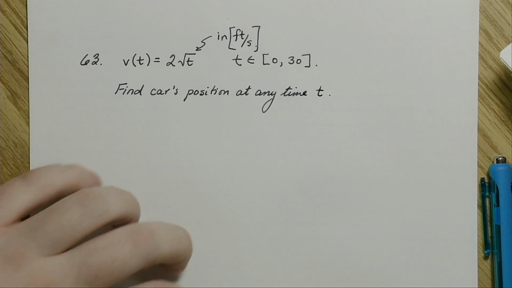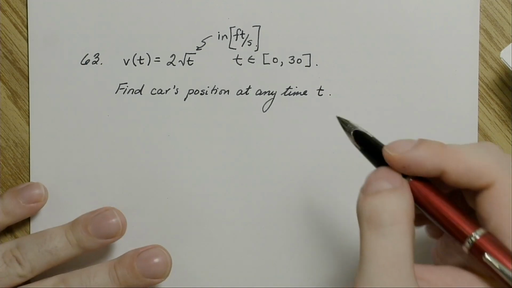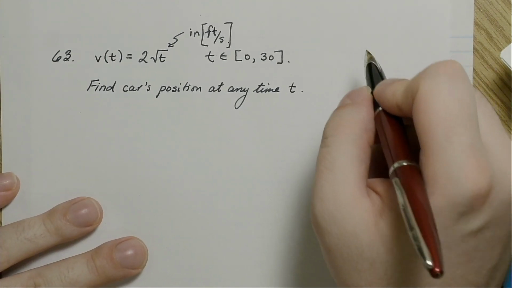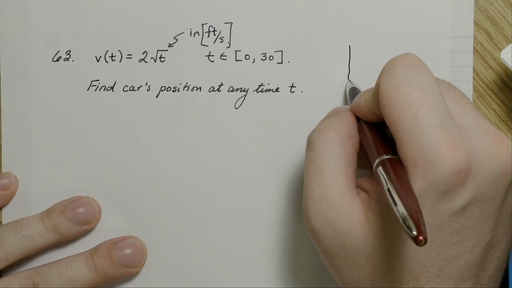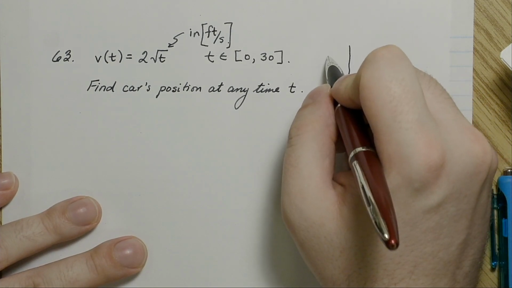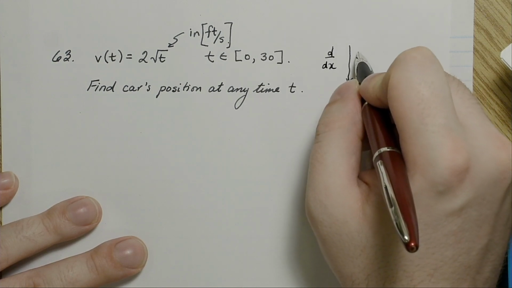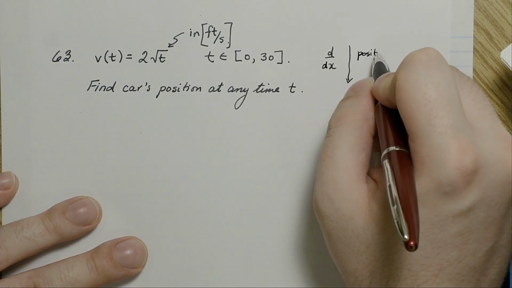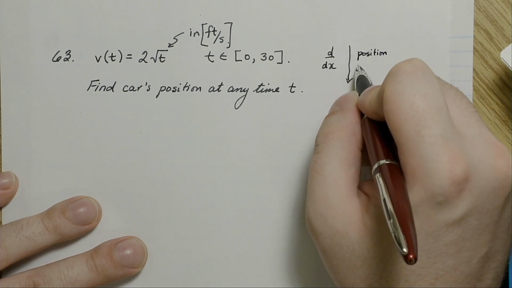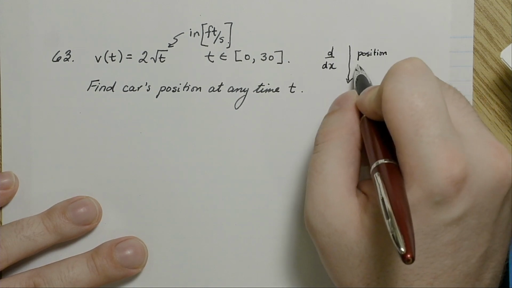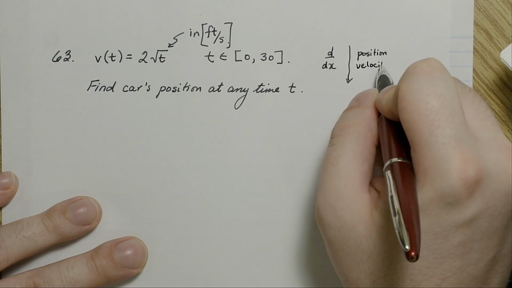Okay. So again, that requires us to remember that when we were differentiating, we start out with a position function. Then as we differentiated the position function, we got the velocity.